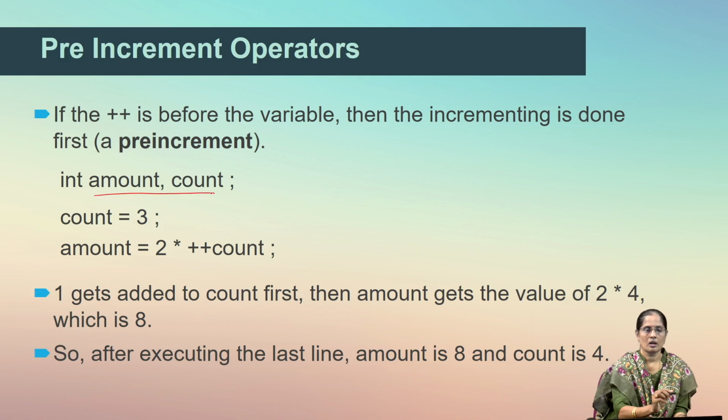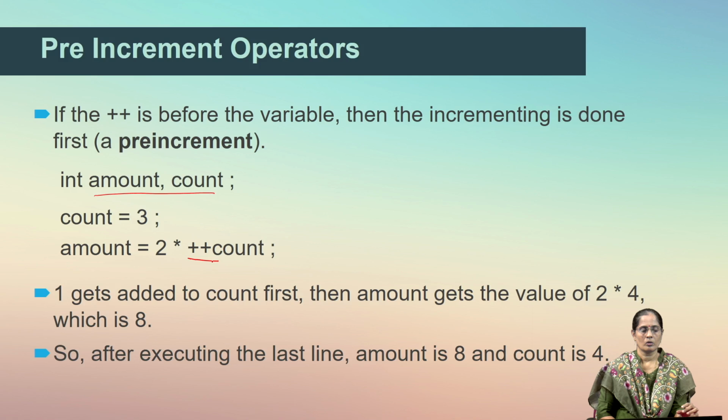Okay. And if the operator plus plus is placed before the variable, it is called the pre-increment operator. Let us take the same example, amount and count as the variables. The count value is again 3, but there is a small difference: the plus plus operator is placed prior to the variable.